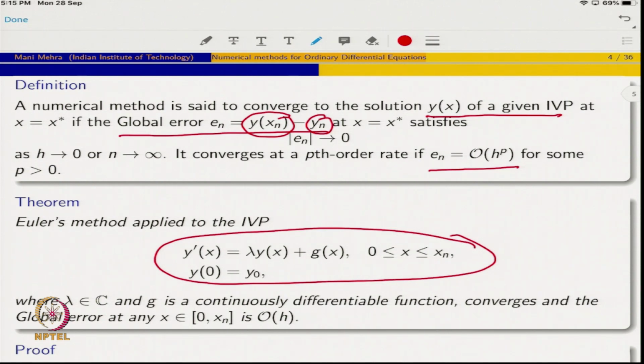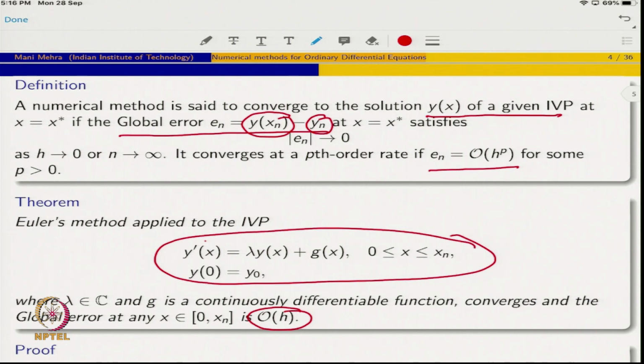So, basically the theorem says the Euler method applied to the following initial value problem, where lambda is some complex number and g is a continuously differentiable function, which are the conditions we are putting, converges, and the global error at any x from 0 to xn will be order of h. Here Euler method means forward Euler method, the order of the method is first order, that is why the global error will be order of h.